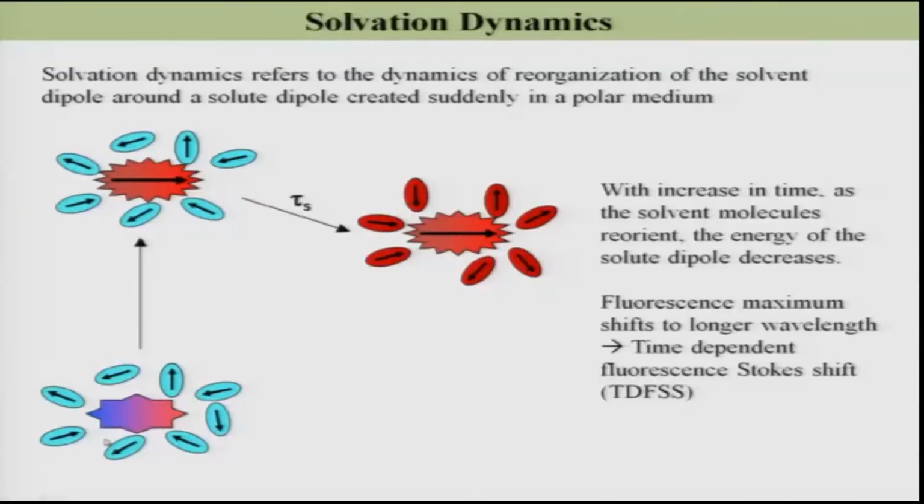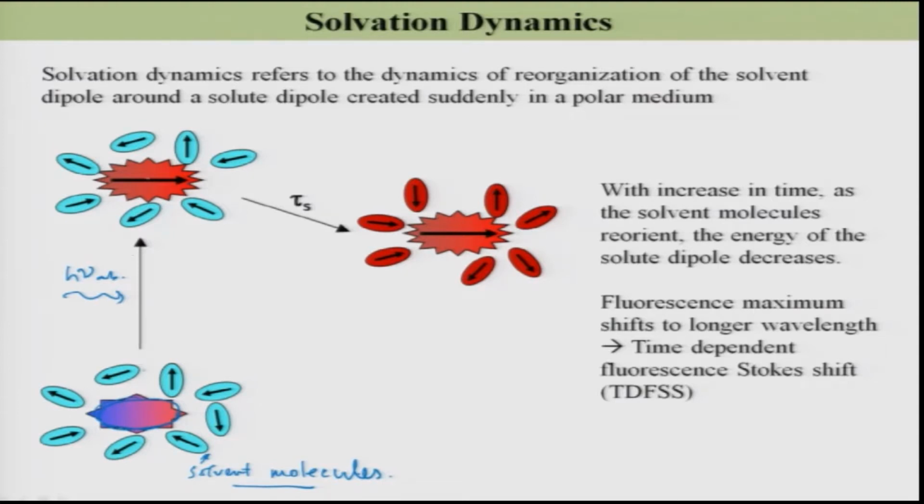Suppose this is my solute and these are the solvent dipoles in random orientation. Upon excitation, h nu absorption of this molecule, I am going to create a dipole this way.